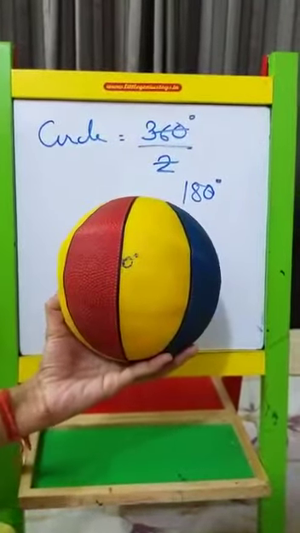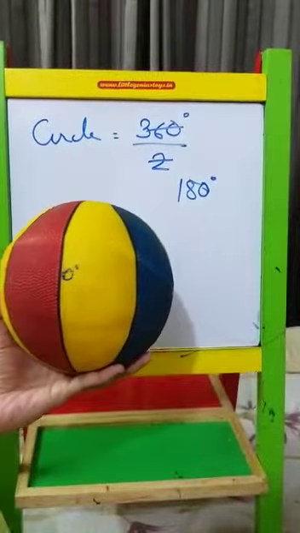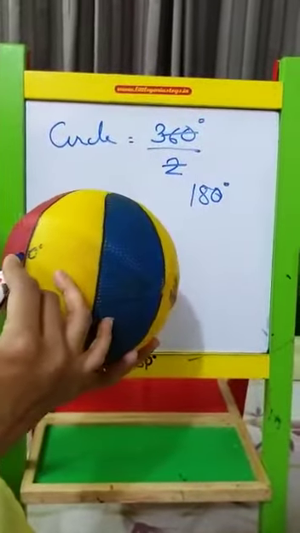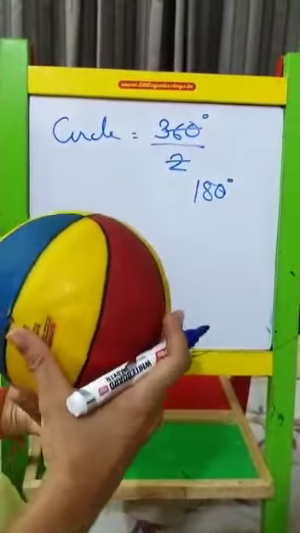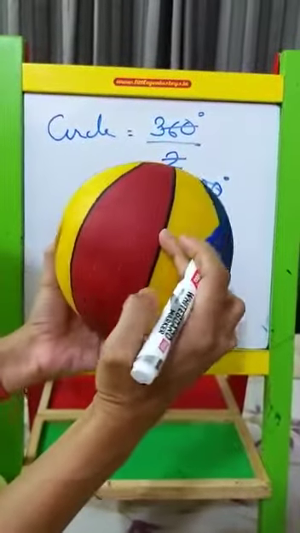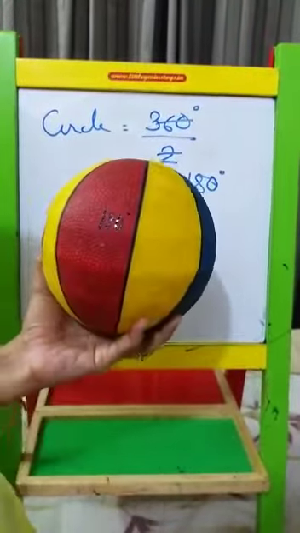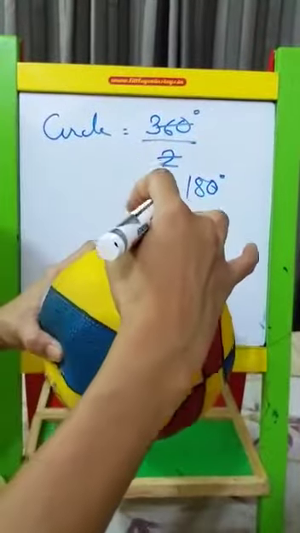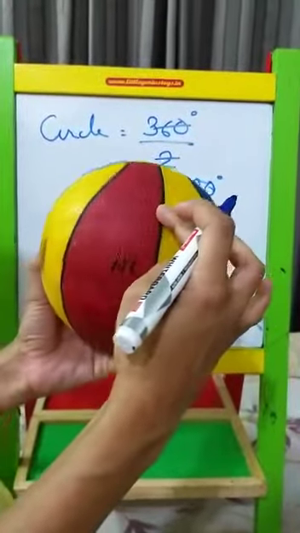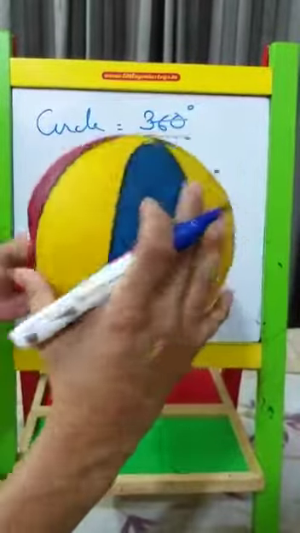So the total number of meridians I would have is 360 meridians. Now if this is 0 degree, the longitude just opposite to this will be 180 degree. So you see, the 0 and 180 degree longitude makes one full circle.